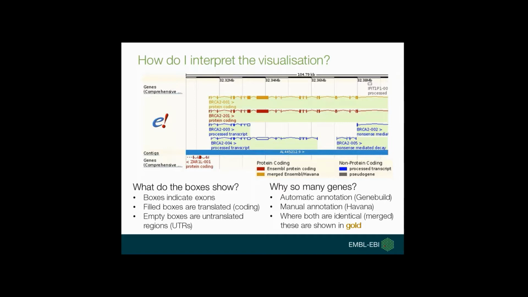Do you share annotations with other genome browsers? Yeah, I believe we do, and the main other genome browser that's available is UCSC. These different lines across here are called tracks, which are ours, and they have some too.